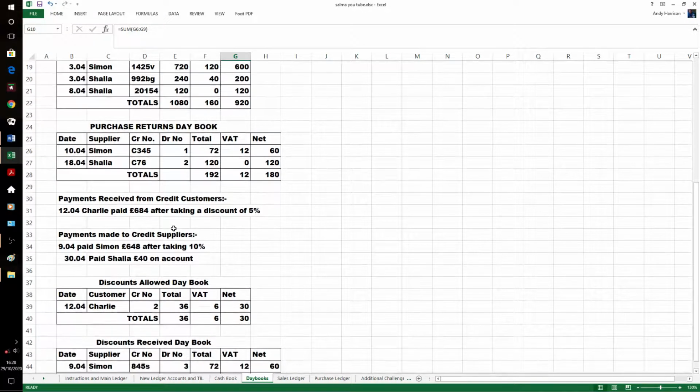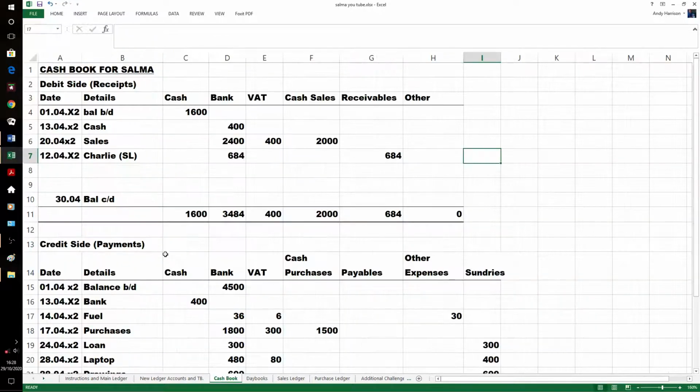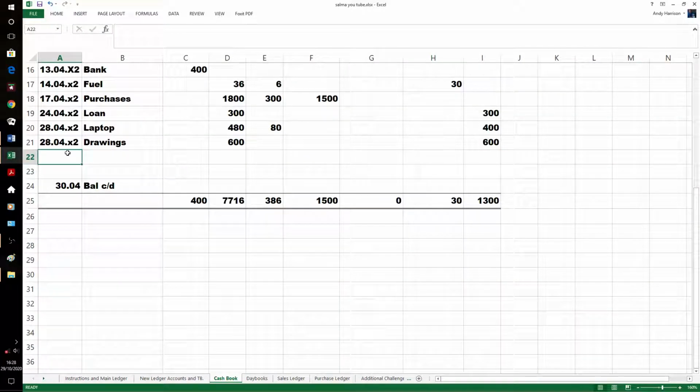Payments, though, we've got two to credit suppliers, so you'll see the multiple effect on here, paying more than one entry, but one entry in the control account. On the 9th of the 4th, we paid Simon. Some kind of indication that it's purchase ledger.